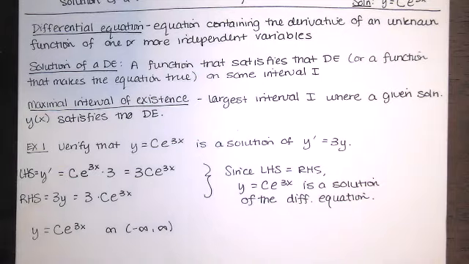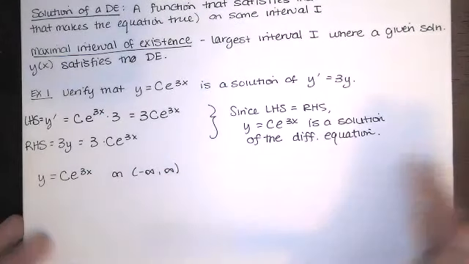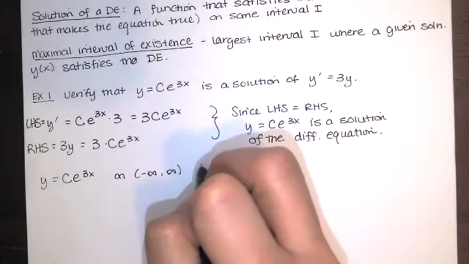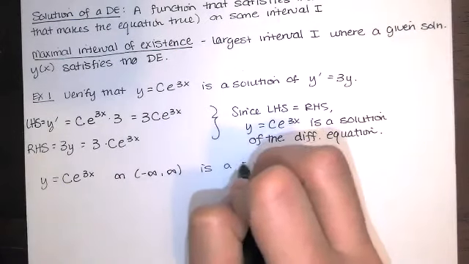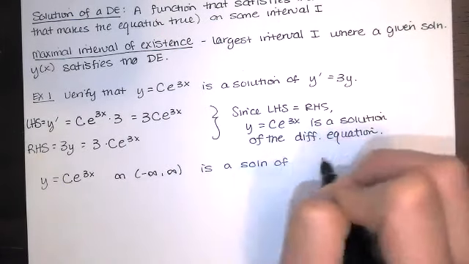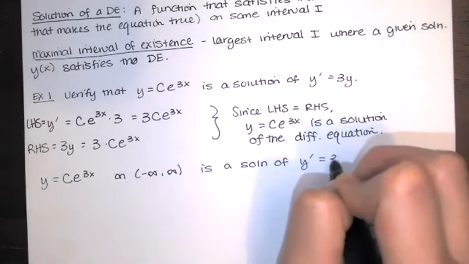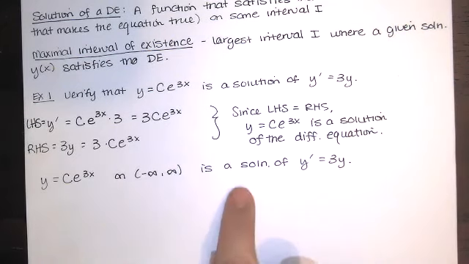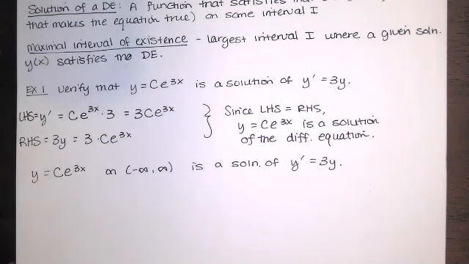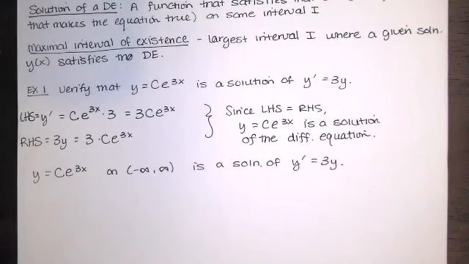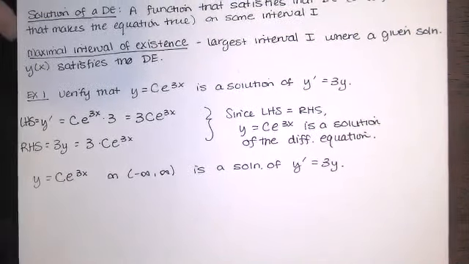So this function on this interval is a solution of the differential equation y prime equals 3y. And I'm just abbreviating solution as SOLN. Okay.